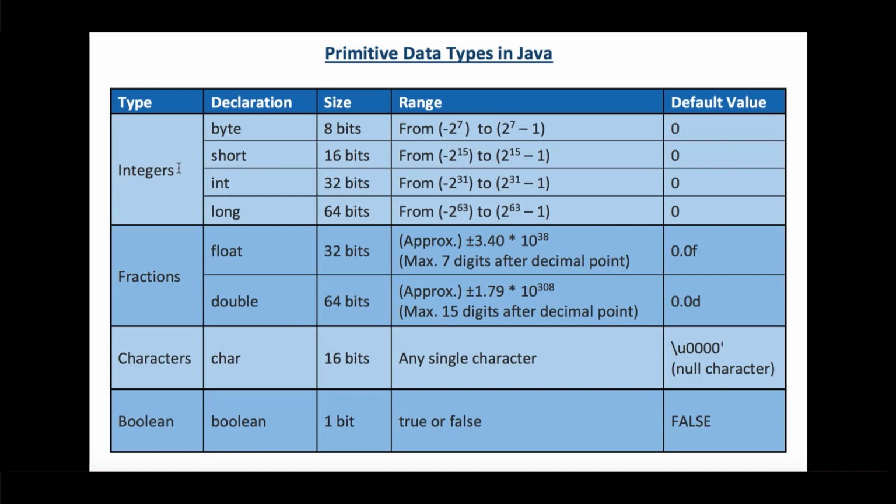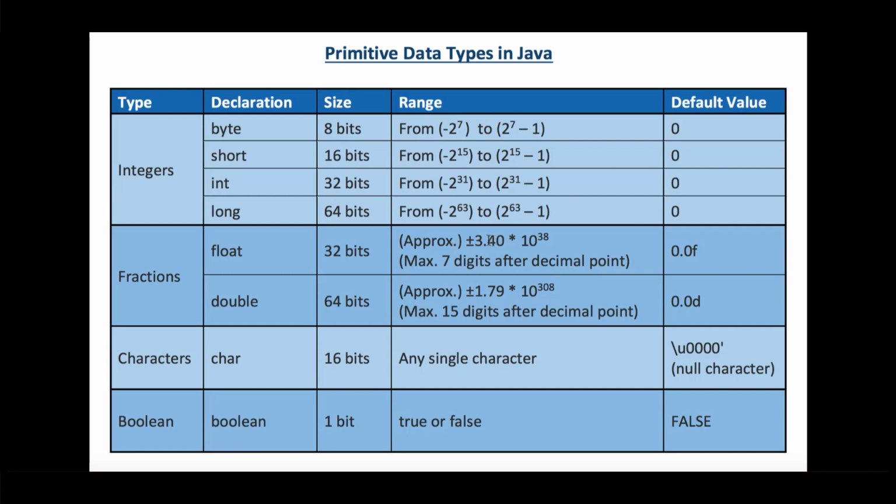After integers, we have fractions to hold the data with the decimal point. We have float and double. Float is 32 bits, double is 64 bits, and their ranges are pretty big as compared to integers. As you can see, these are the approximate values for float and double.